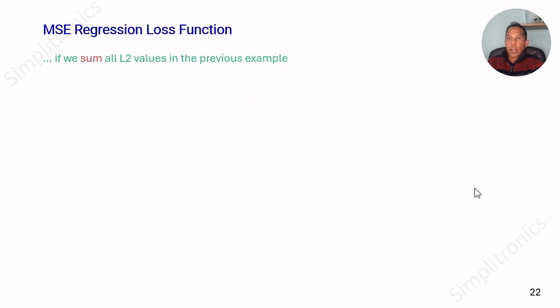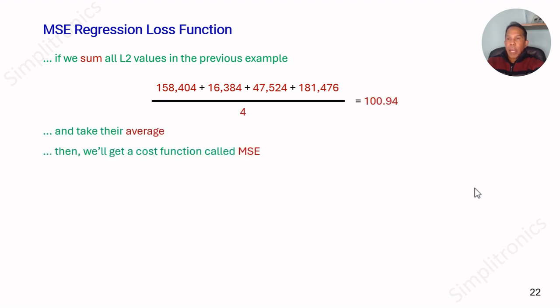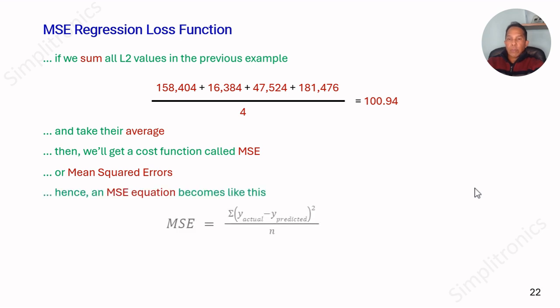MSE regression loss function. If we sum all L2 values in the previous example and take their average, then we'll get a cost function called MSE, or mean squared error. Hence, the MSE equation becomes like this, where n is the number of observations.